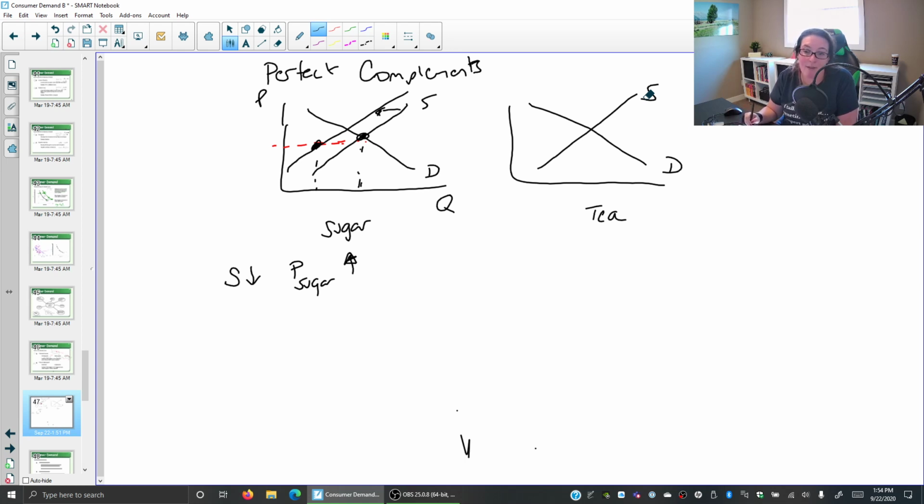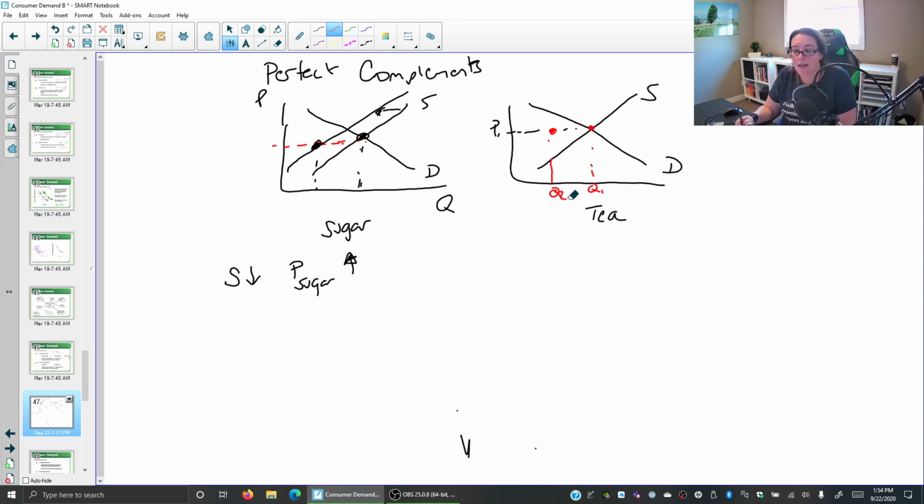Well, if I can't have tea without sugar, and sugar costs more money, then I probably can't afford as much of the tea and sugar combination. So at the current price of tea, the amount that we're willing and able to buy, that quantity, was here, is now here at a lower number.